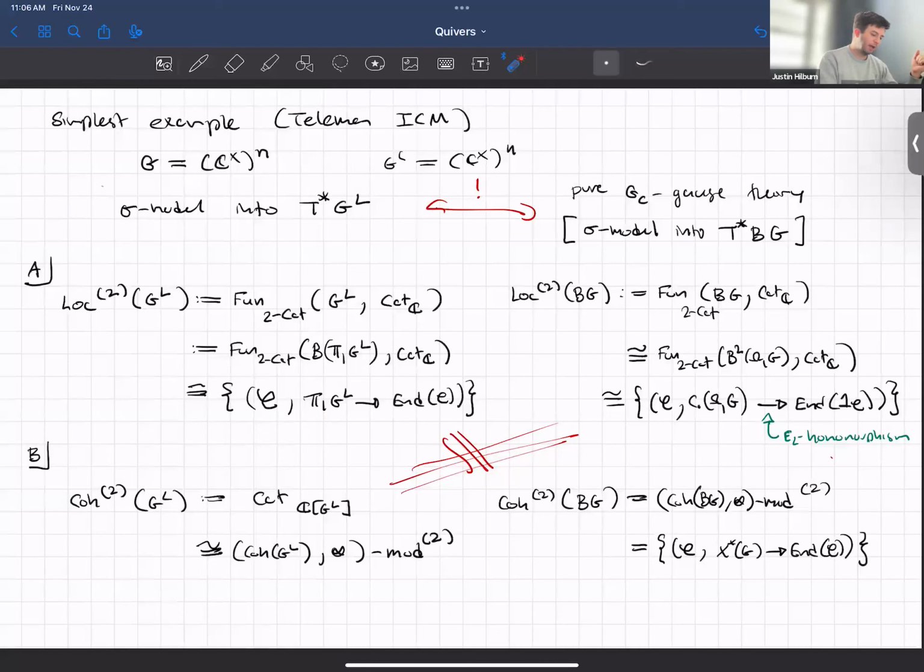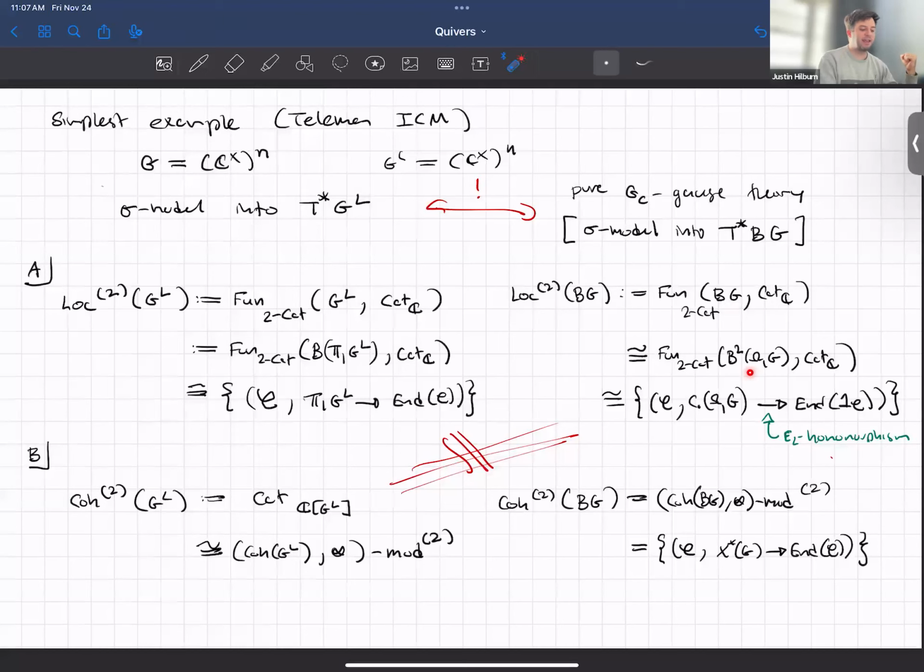And you can do the same thing on this side. Now you will again use the fact, so you'll say that it's just a functor from BG viewed as a topological space, viewed as a category, into the 2-category of categories.